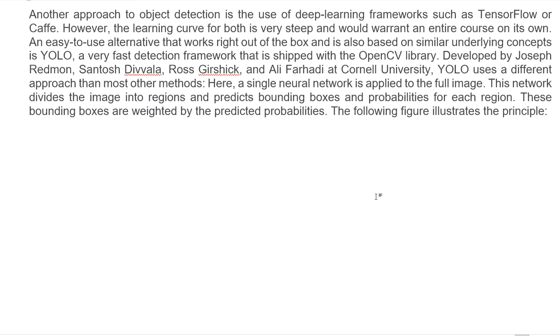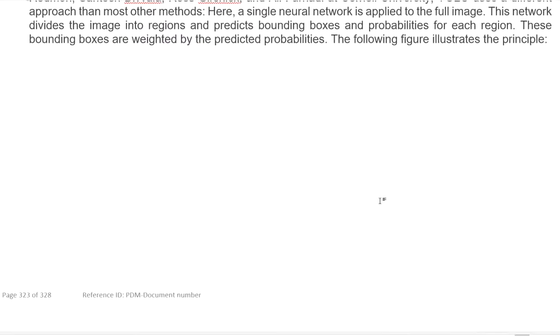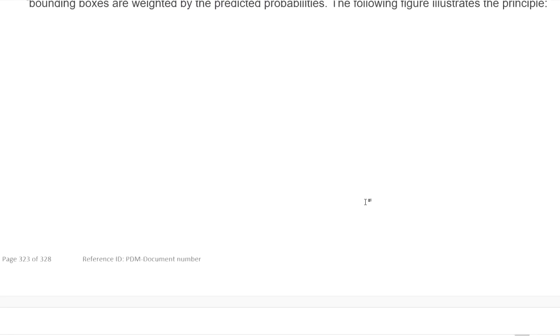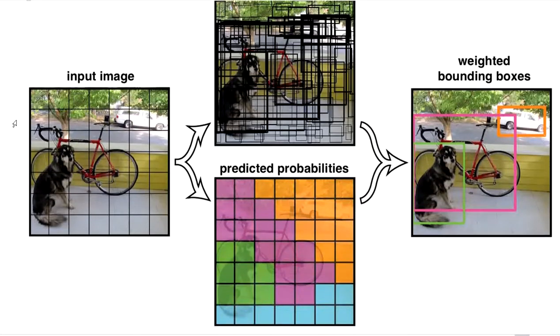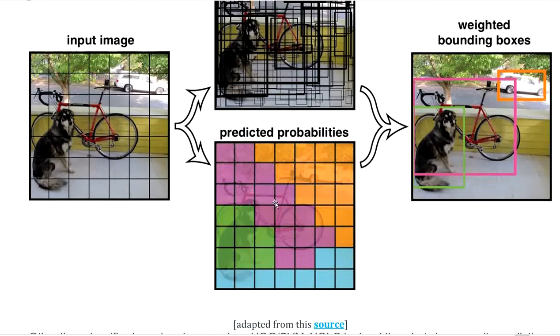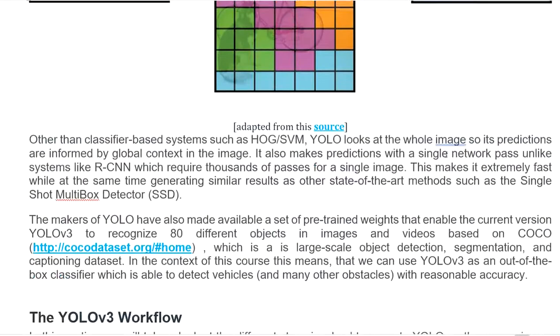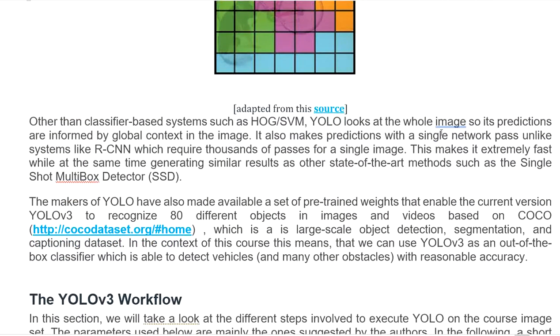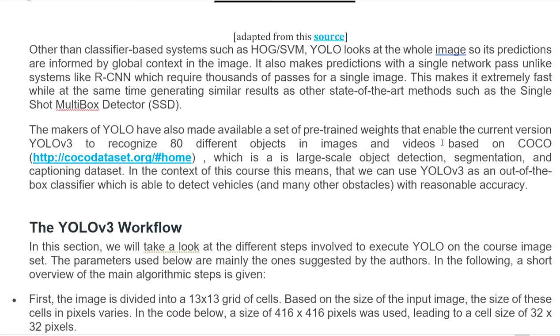This network divides the image into regions and predicts the bounding box probability for each region. These bounding boxes are weighted by the predicted probability. For example, the input image is divided into many regions, they predict the probability for each region, and they weight the bounding boxes. That's the result.